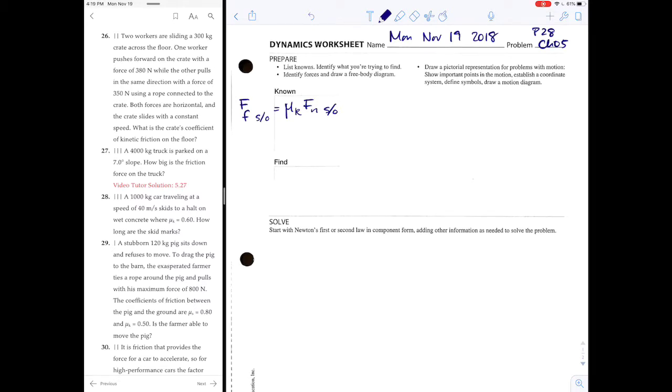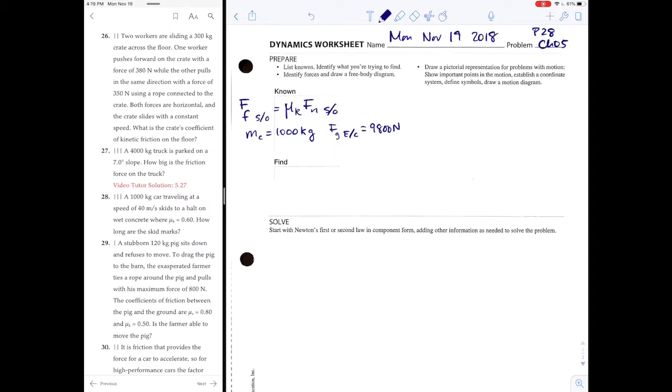Okay, so what givens do we have? We know the mass of the car is 1,000 kilograms. Let's be really clear. If we know the mass, we also know the gravitational force of the Earth on the car, which is the mass times the gravitational constant, 9.8 newtons per kilogram. So I think we end up with 9,800 newtons of weight for the car.